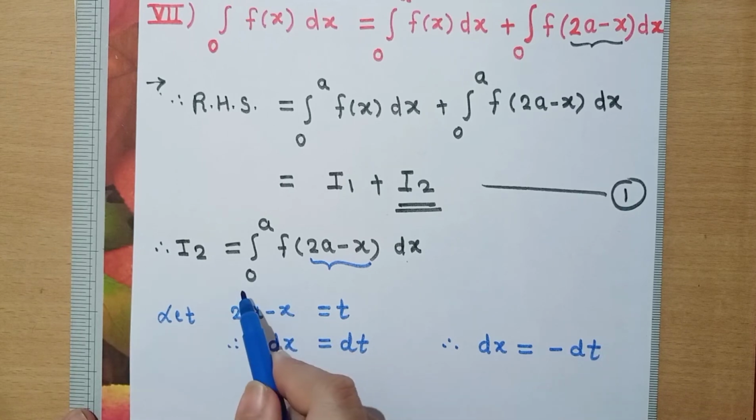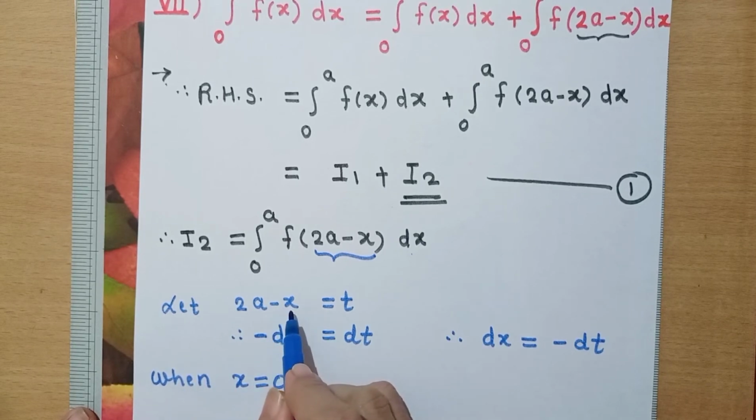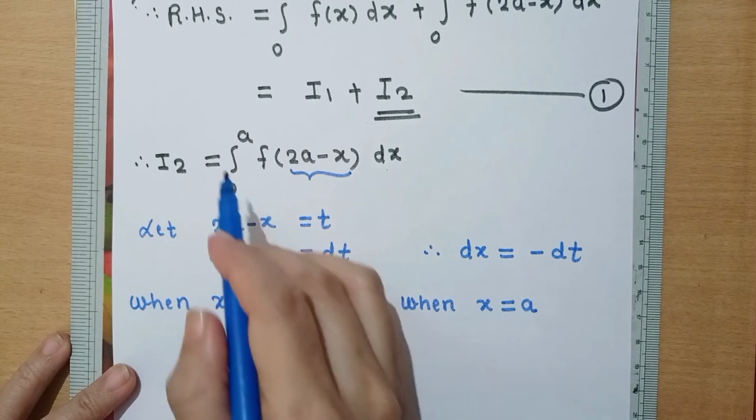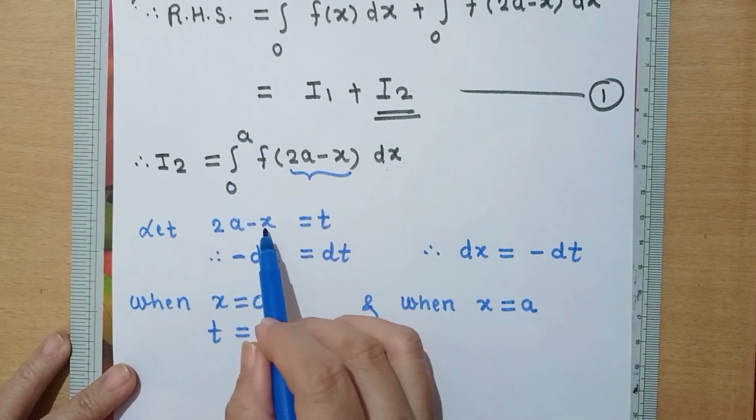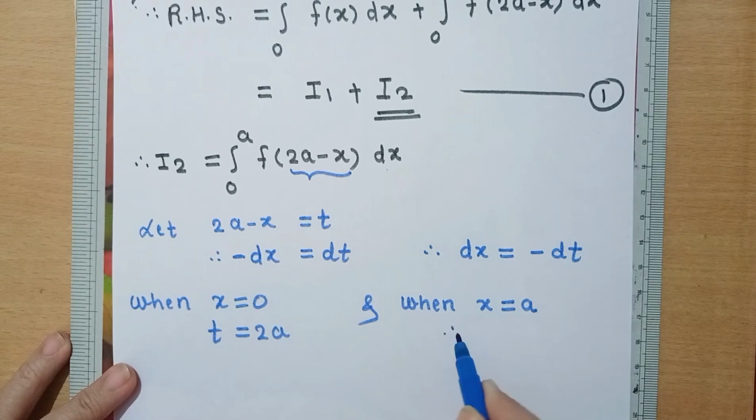Again we know that we have to replace these limits also, and so when x is equal to 0, t is equal to twice a, and when x is equal to a, then if we substitute here, 2a minus a is simply a, and therefore t is equal to a.